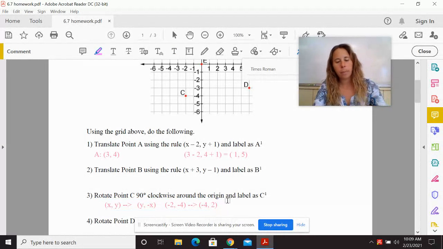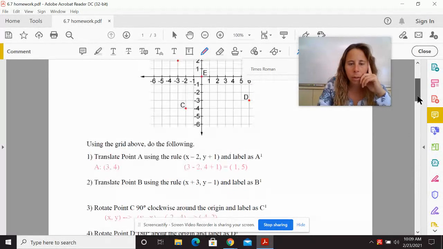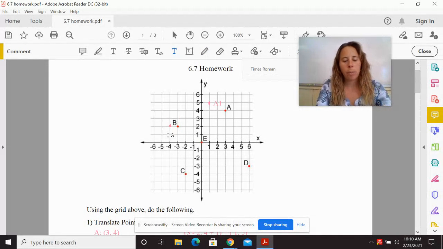Okay. So then I'll put that on the graph. -4, 2. Okay, there. And that is C prime. Sorry, I put C1.